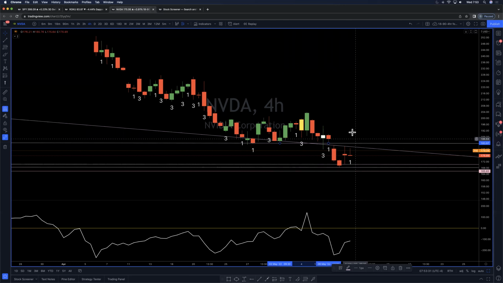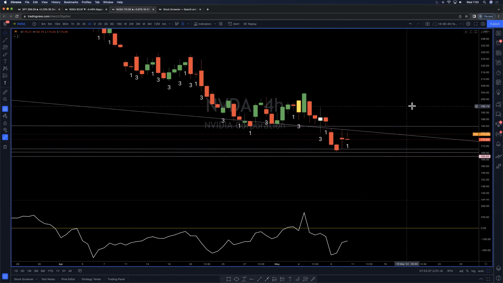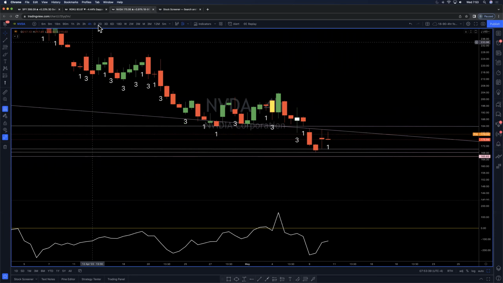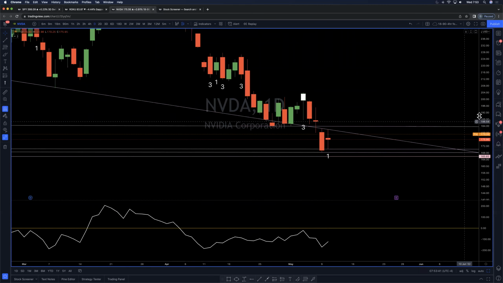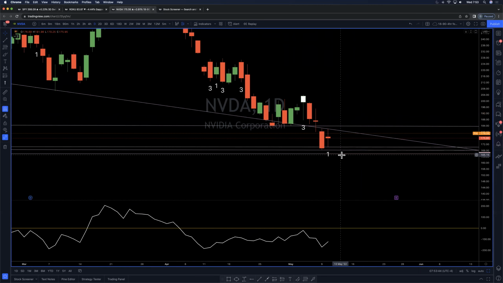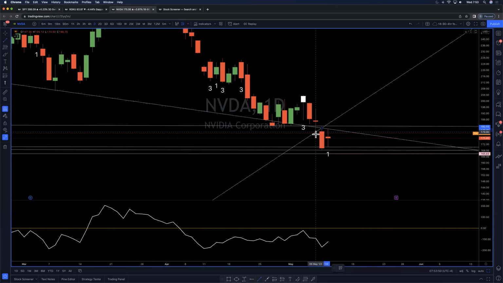Okay? So this could be a potential pivot. So we want to be aware of that. This is something, if I look at it on a daily, I'm not even sure how most other traders would draw this, but they may do it something like that.